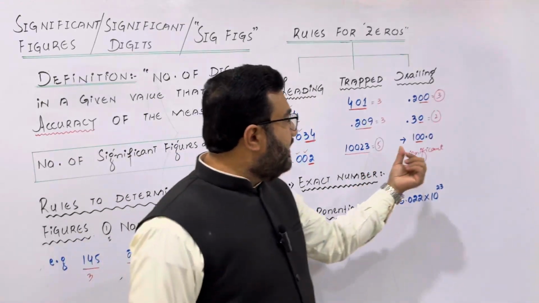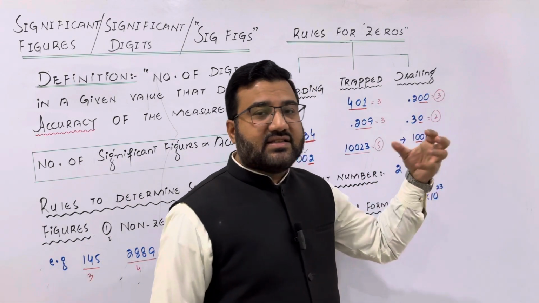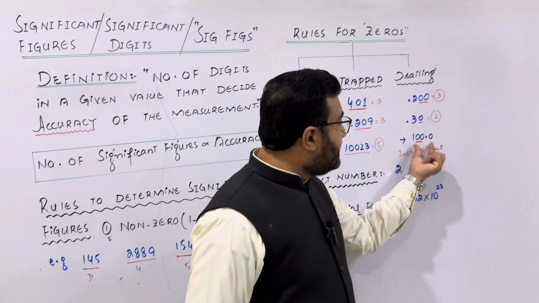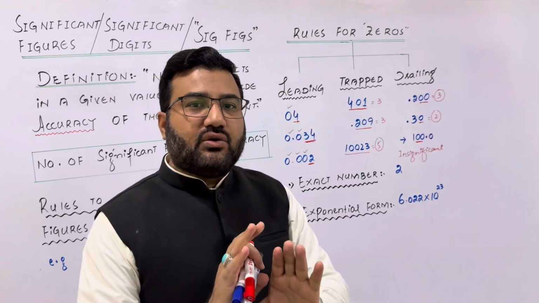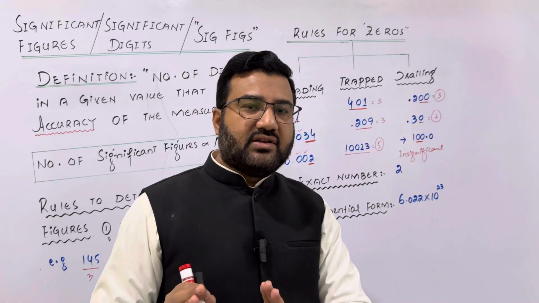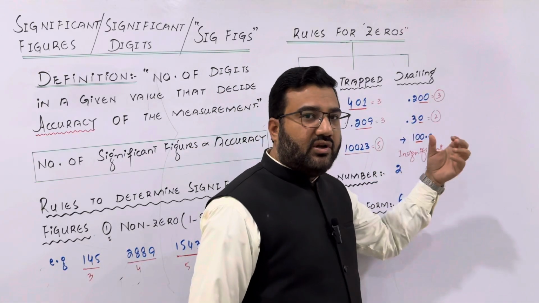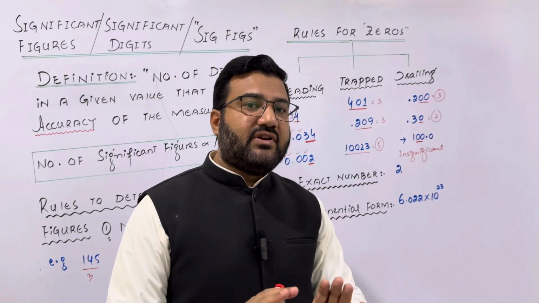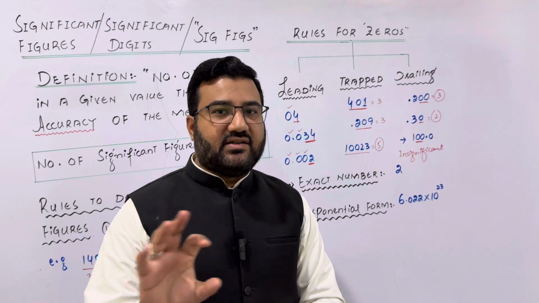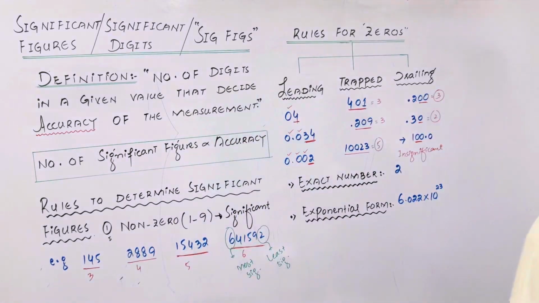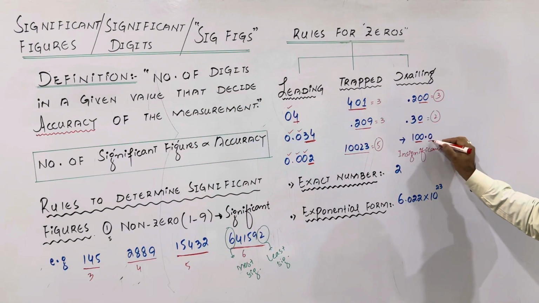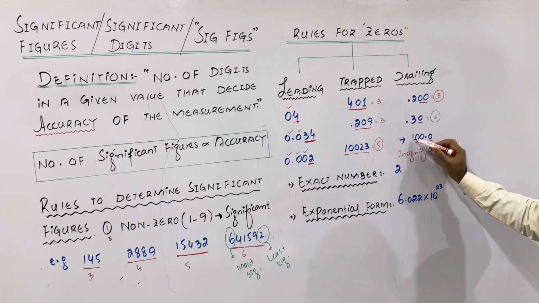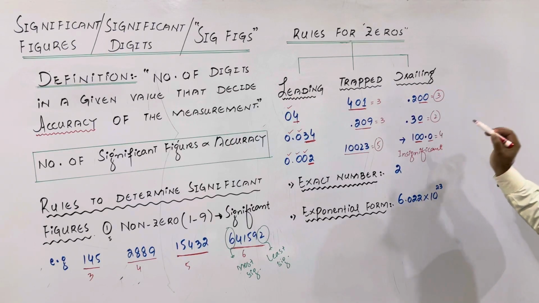Because this value shows that the student has checked the result 1 point after the decimal. So it is exactly 100. If it is written only 100, it is an approximation. But if it is 100.0, it means you have checked this value up to 1 point after the decimal. So this is more certain compared to just 100. Now all these zeros become significant because the certainty in the value has increased, and there will be 1, 2, 3, 4 significant figures in it.